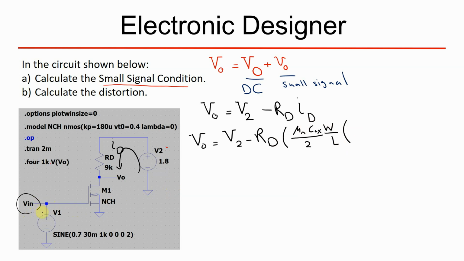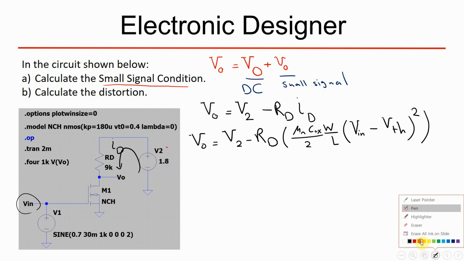Okay, here we go. Here we have V in minus V threshold voltage, which is a fixed voltage of 0.4, all to the power of 2. This is ID. But here you have to be careful with Vin.